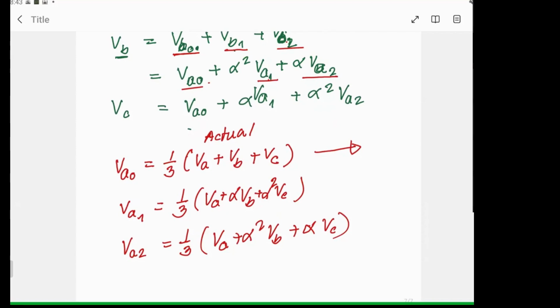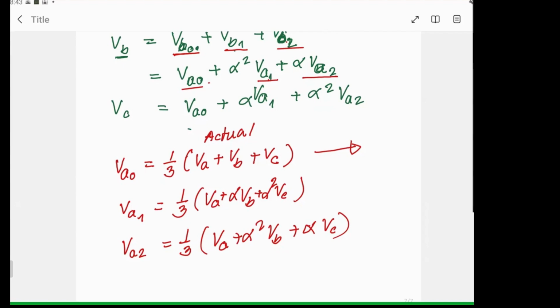Any question up to this? So what we have done is try to understand a tool that will enable us to analyze a faulty system, taking help of the analysis of a balanced system.